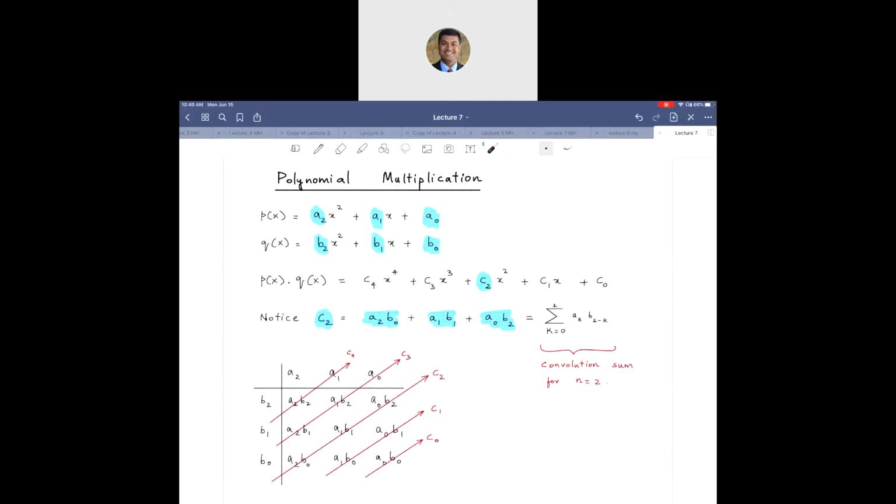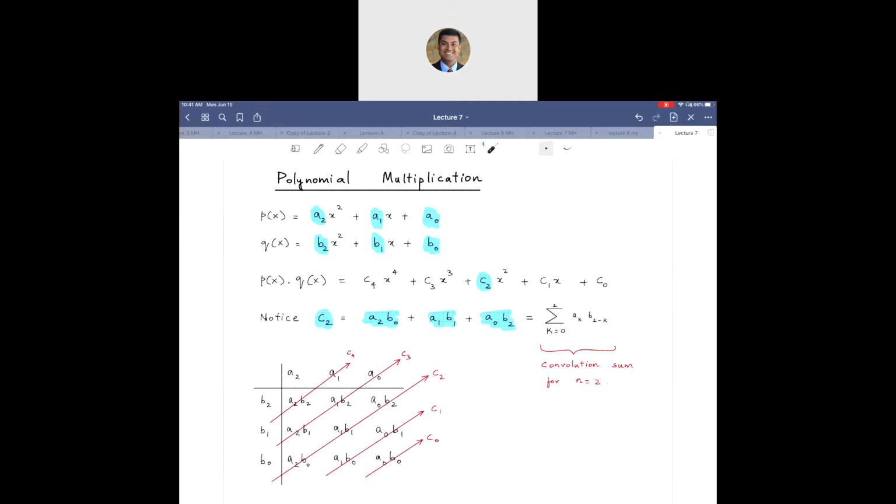So if you now look at it zooming out, if you look at the entire expression here, those coefficients, 5 of them, are essentially the output of the convolution between two inputs with values a2, a1, a0 and b2, b1, b0. So you can view convolution as a polynomial multiplication as well.